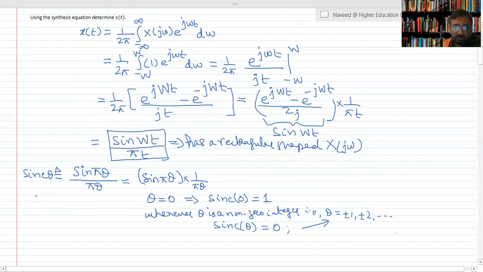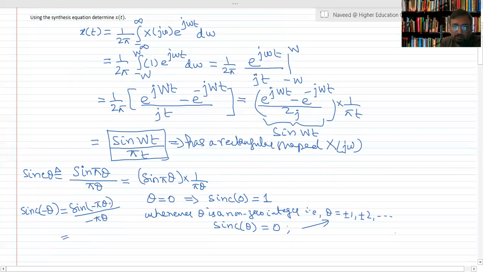So sinc theta is 0 at all these values of theta. And if we find the value of sinc of minus theta, then we will notice that sinc theta is an even symmetric function.